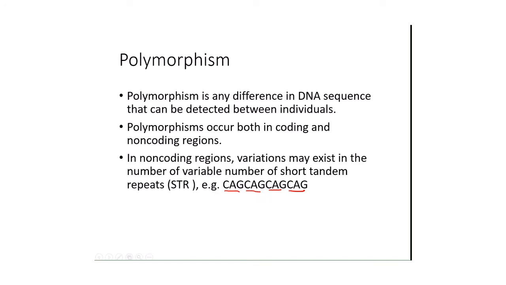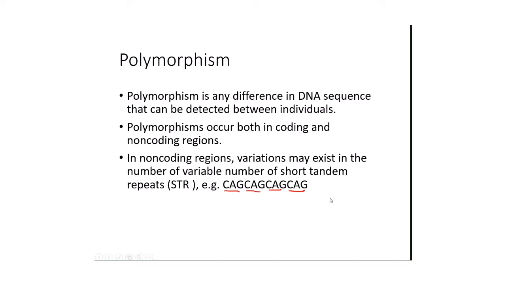It's easier to make mistakes in the STR regions because it's like they lose track and cannot keep track of how many times they've copied it already. So they might put a few extra CAG in when they copy it. That's how the short tandem repeats might have arisen in human populations.